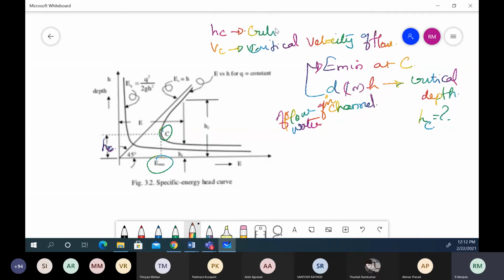This is the critical depth. Okay. So now how we are going to derive this? We will see the derivation.